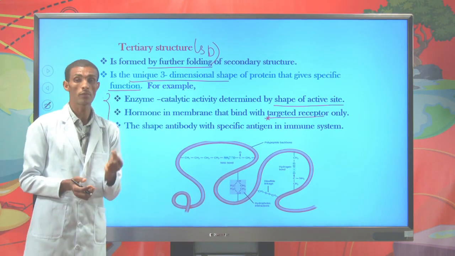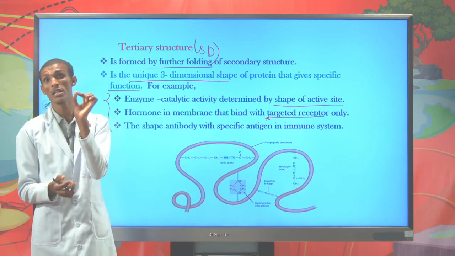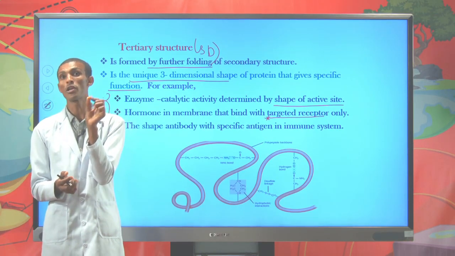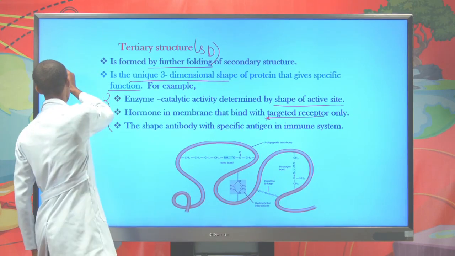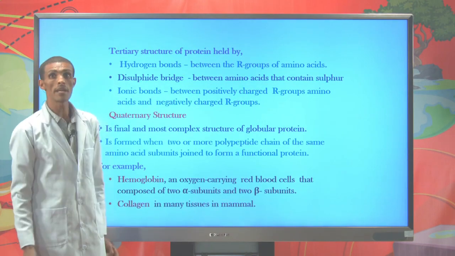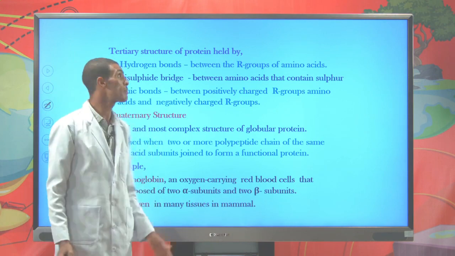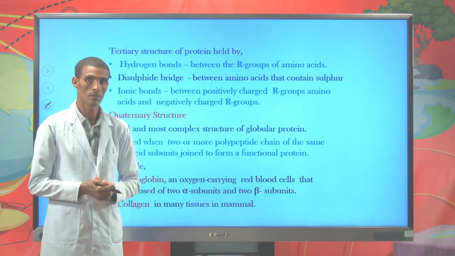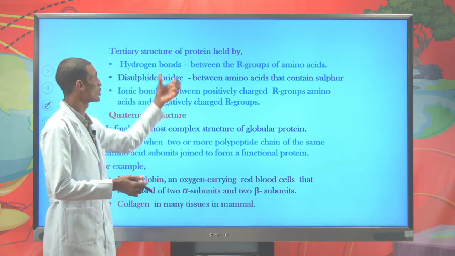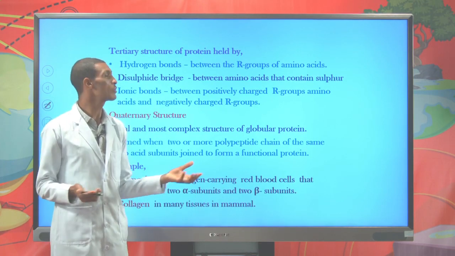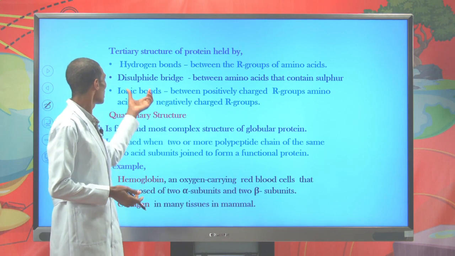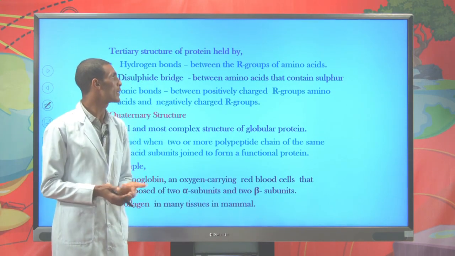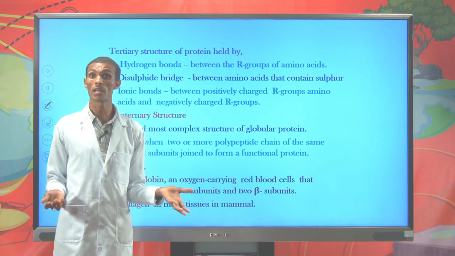Student, I told you that primary structure, which is the amino acid sequence, is joined together by peptide bonds, and secondary structure by hydrogen bonds, whereas tertiary structure can be joined by the following three main bonds. There is hydrogen bonding too between R groups of amino acids, and again disulfide bonds between R groups that contain sulfur.